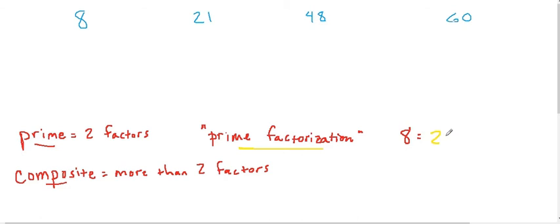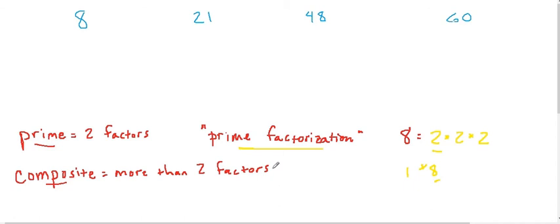We show it as a product of its smallest pieces. 2 is the smallest number we can split it into besides 1. Because if we did 1, then I'd have to show it as 1 times 8, and 8's a pretty big number. I can divide 8 up more. So we divide it into its prime number Lego blocks, if that makes sense.